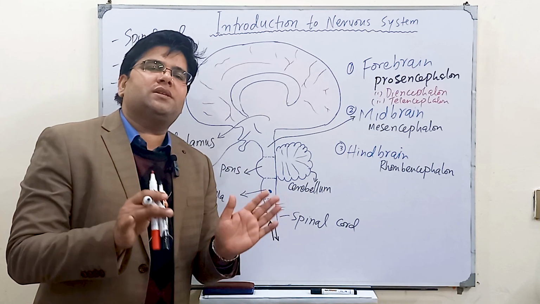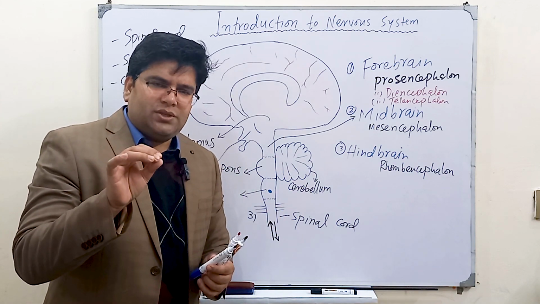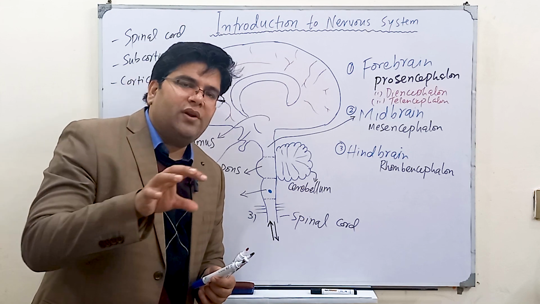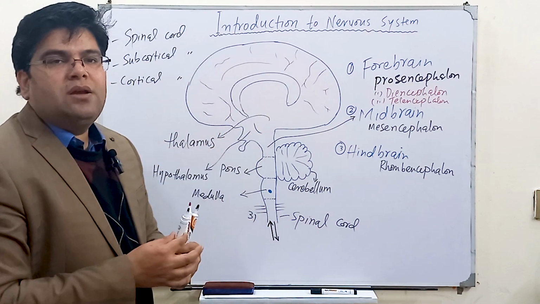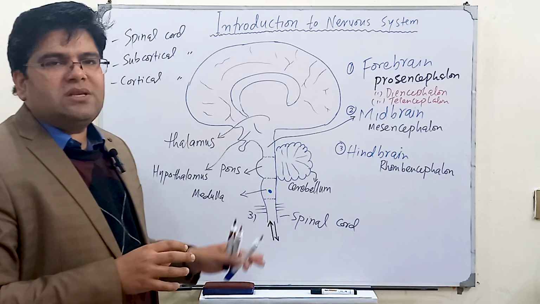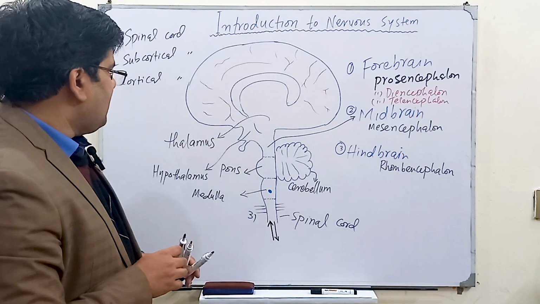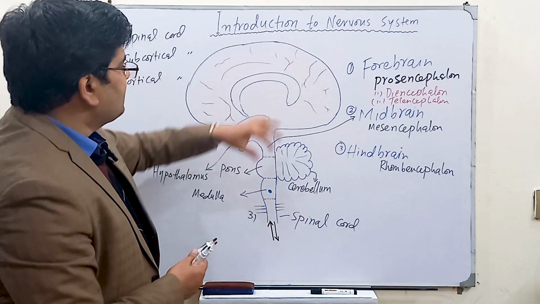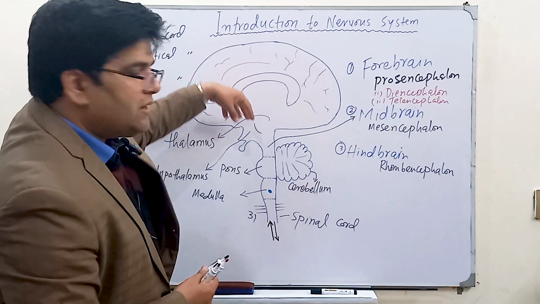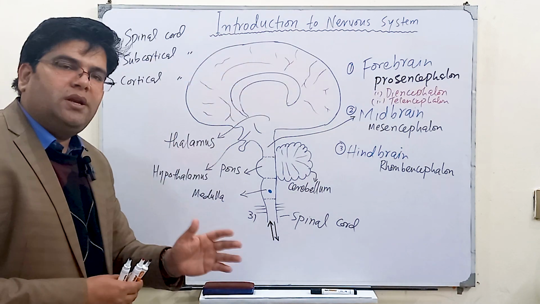So almost all the sensory information except some olfactory sensation, it means some olfactory sensation also passes through thalamus, but a little bit olfactory sensation does not pass through thalamus. So almost all the sensory information is relayed through thalamus to the higher centers of our brain, and similarly the motor signals which are coming from the higher centers also pass through thalamus downwards. So thalamus is a very important relay station.